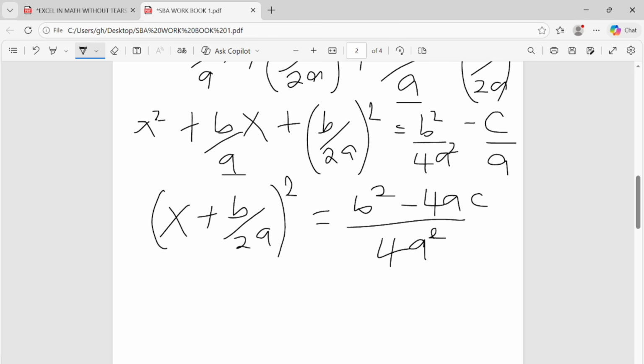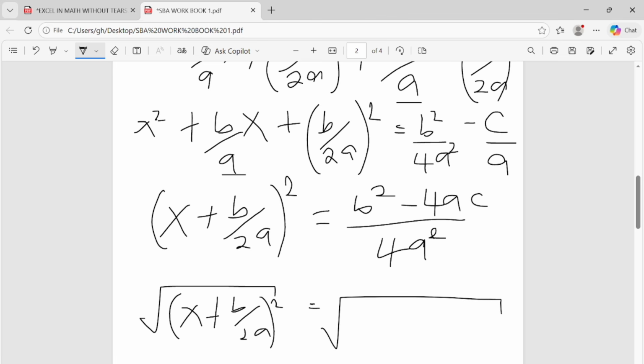By squaring either side, you come up with the square of (x + b/2a), equal to, when you square this side, (b squared minus 4ac) divided by 4a squared. So you realize that this square cancels out with this square.